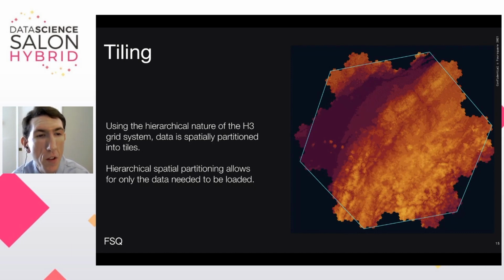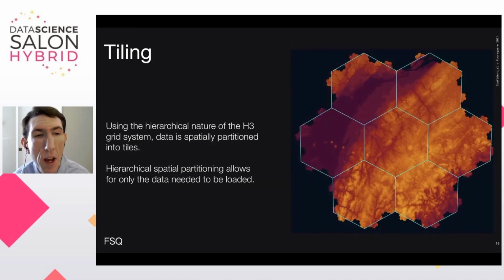So we know that data sets that are geospatial can have data distributed over a wide area, and we want to look at them at different resolutions. We want to look at them both at maybe a global or very coarse resolution, but we also want to look at them at very fine resolutions. And when we do that, we want to zoom in and look at more and more data, look at more and more precise data.